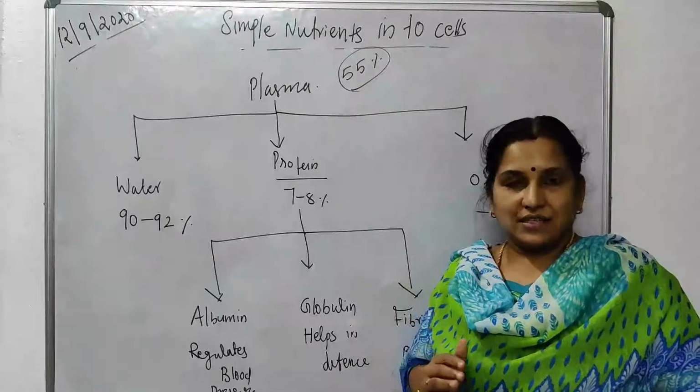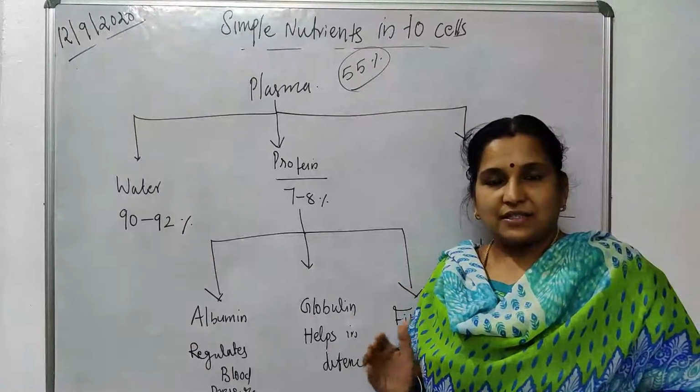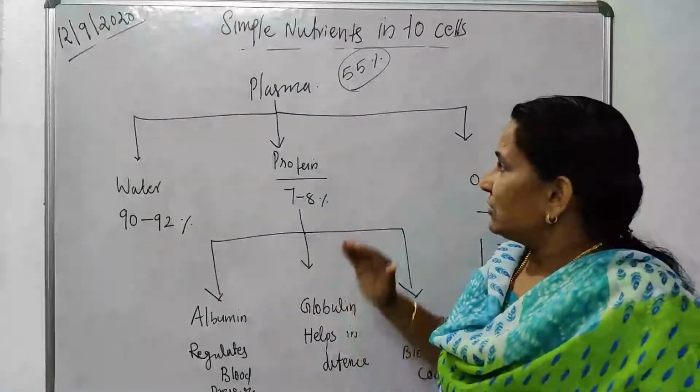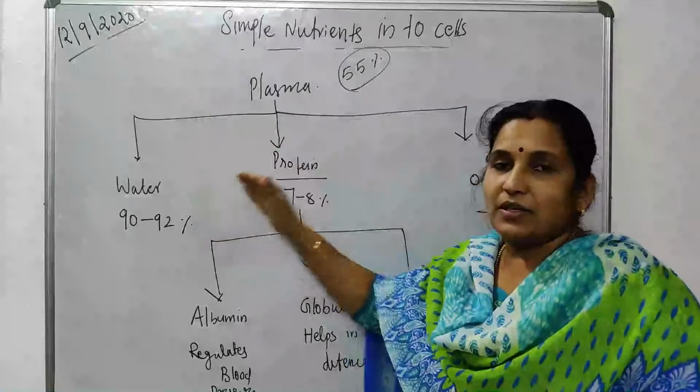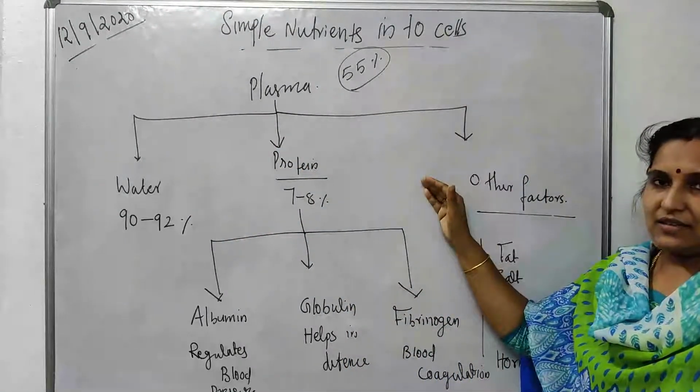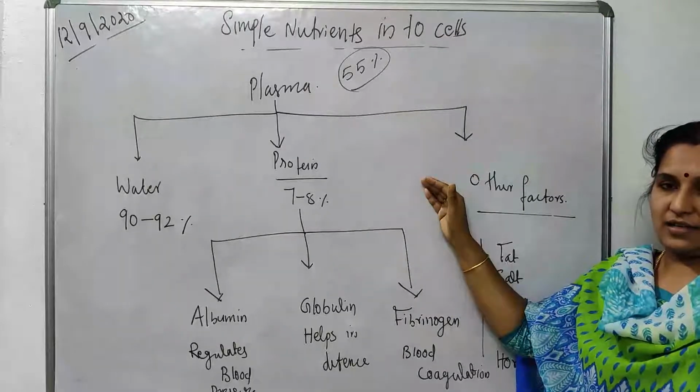Blood cells are of three types: RBC, WBC and platelets. These are the components of plasma. Next we can see the structure of the heart.